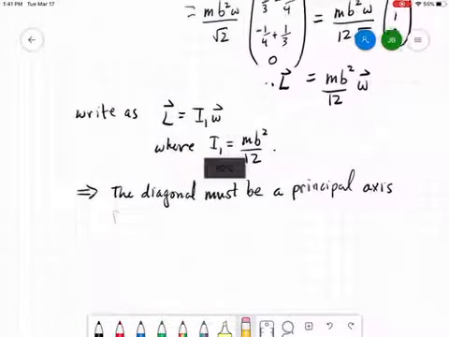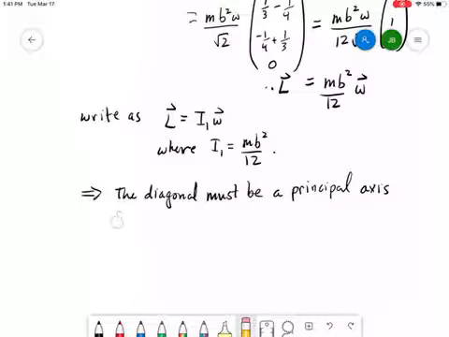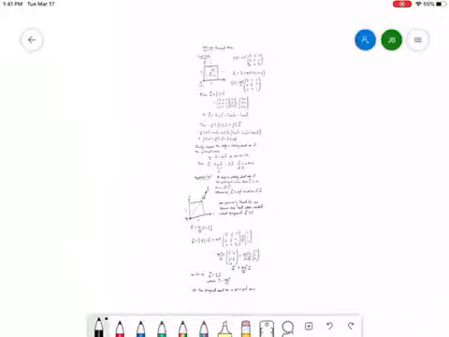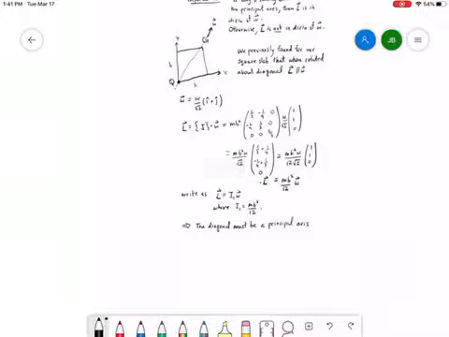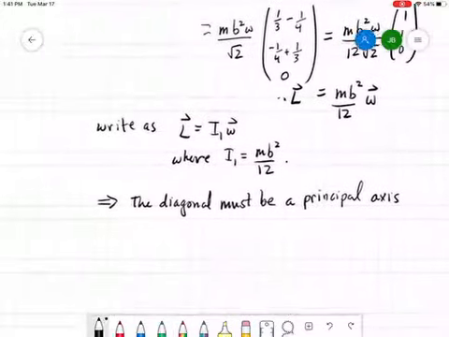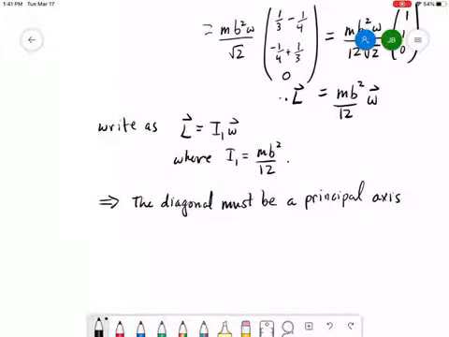Well, I mean, it's symmetric. It could be any corner, I guess. Must be a principal axis for an origin Q at the corner of a square slab.